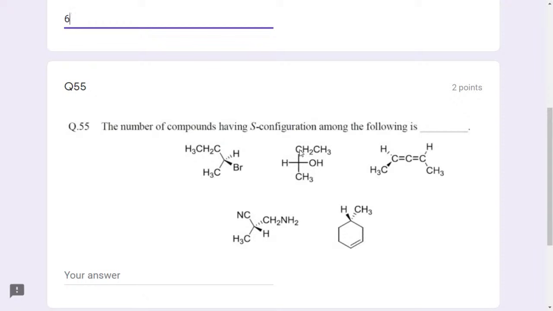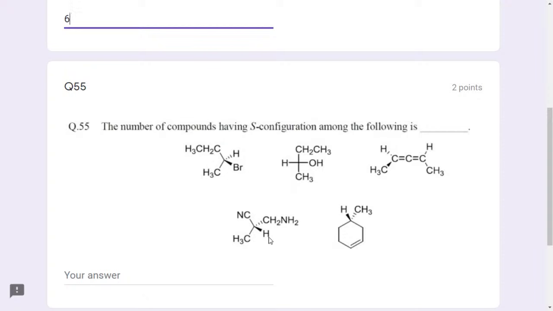It shows S configuration, but you have to bring this hydrogen back. So with the double exchange, it is going to show R configuration. This is not going to be the S compound. It is going to be R configuration.